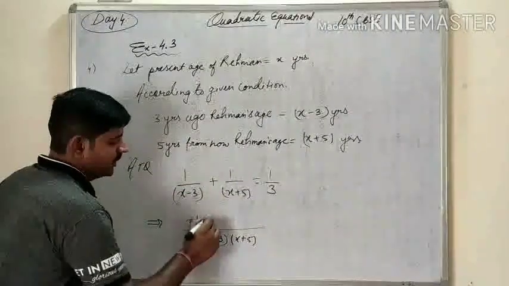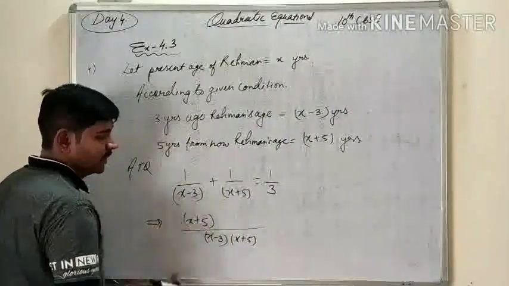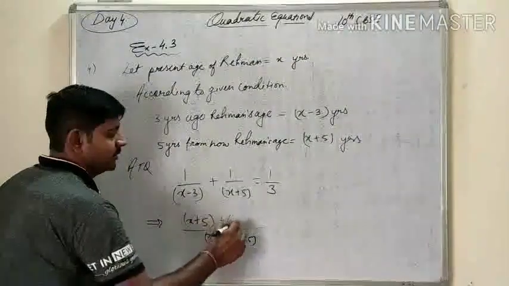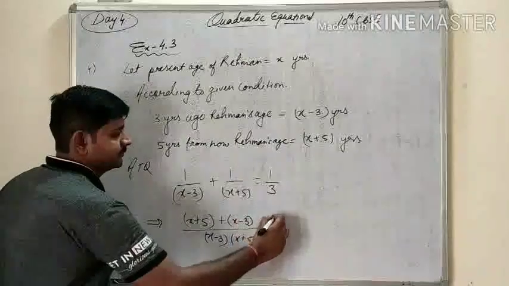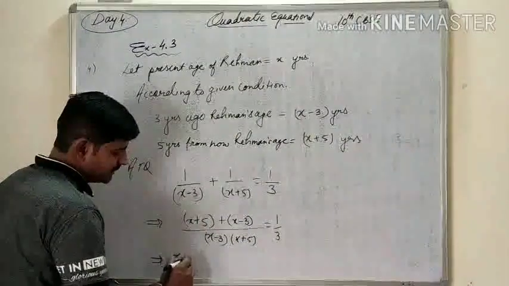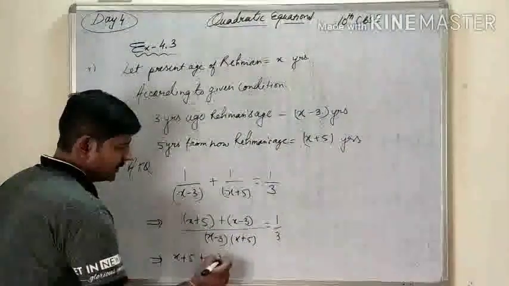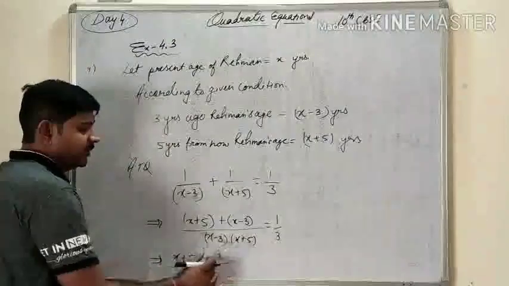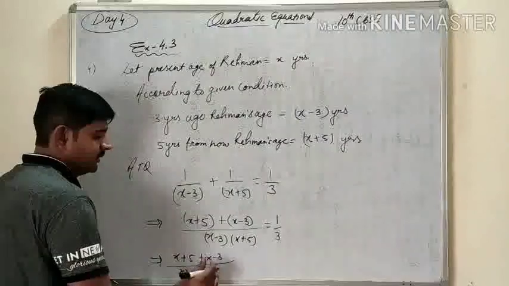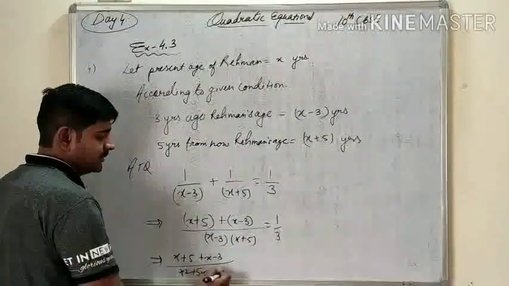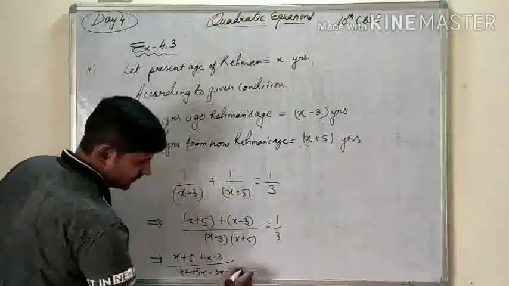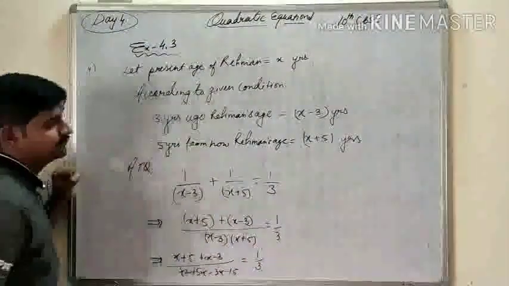And dividing by x plus 5, we get x minus 3. If we open these brackets, we get x plus 5 plus x minus 3 upon their product: x into x is x square, x into 5 is 5x, 3 into x is negative 3x, and 5 3s are 15, equals 1/3.